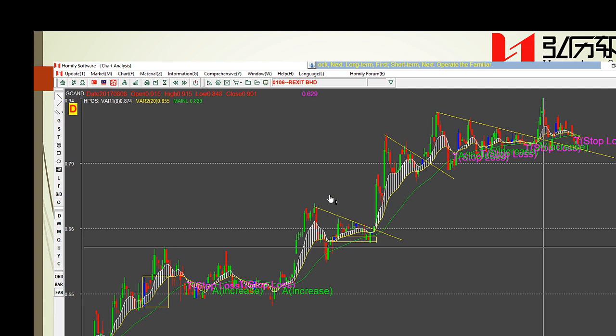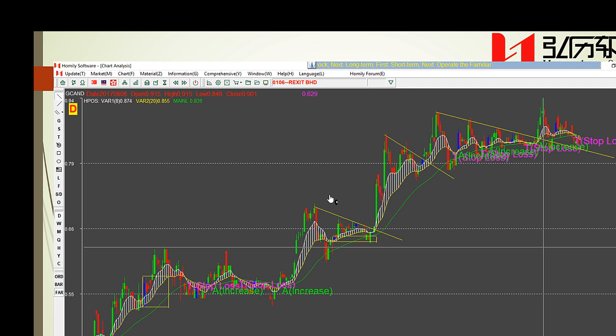We will see it has been sideways for a long time, so he will push up a lot. So we will buy it here. Buy more.